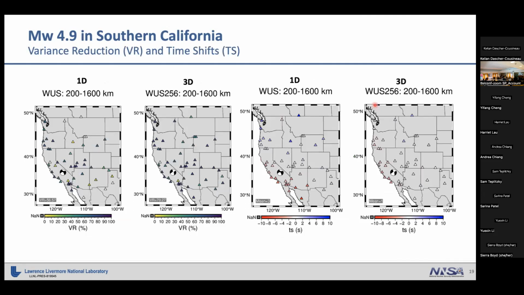And here is an example looking at a snapshot of the whole region, looking at variance. The two key parameters we're looking at in evaluating the improvements in source are the variance reduction, so that's the waveform fits to the data, and also the time shift value that I talked about.